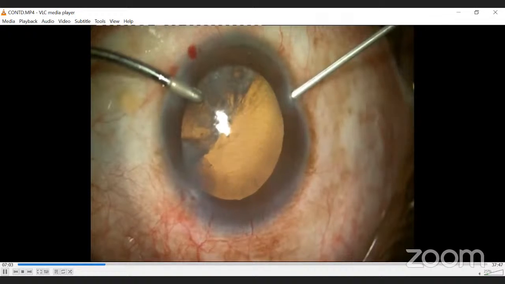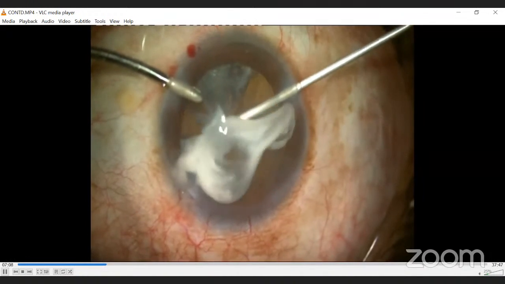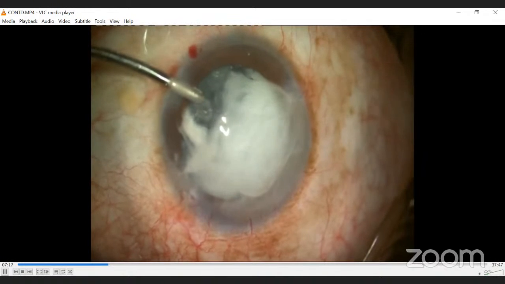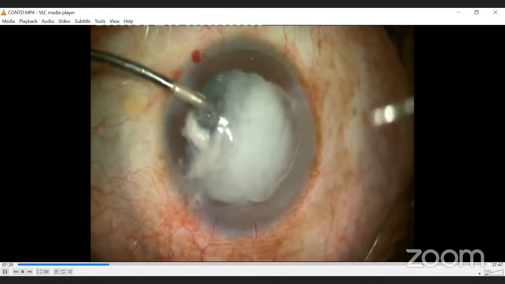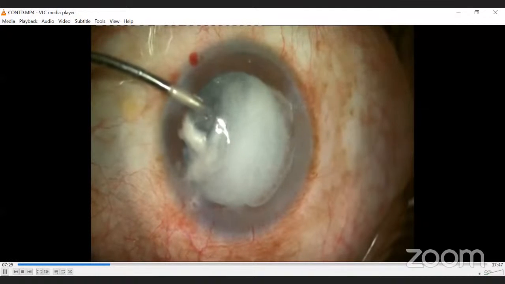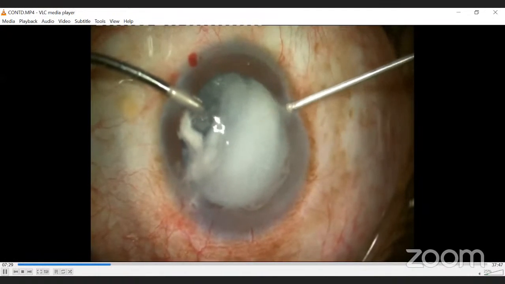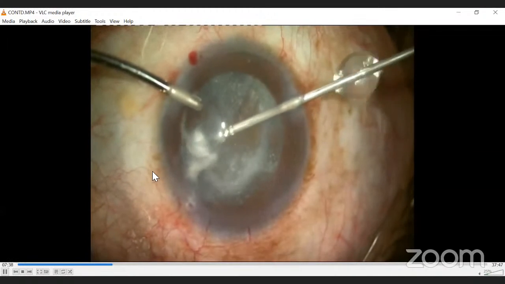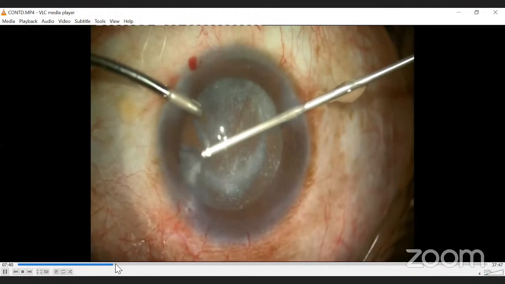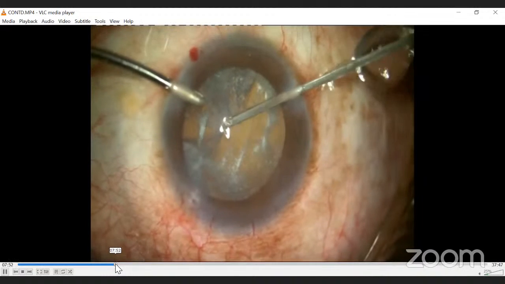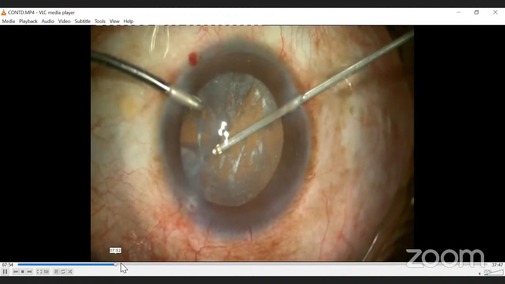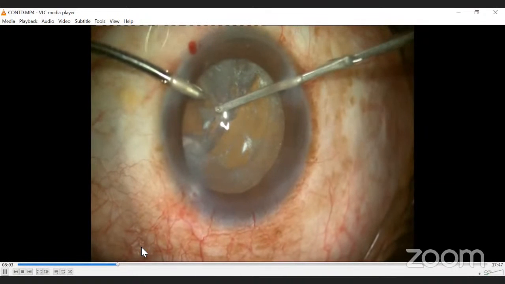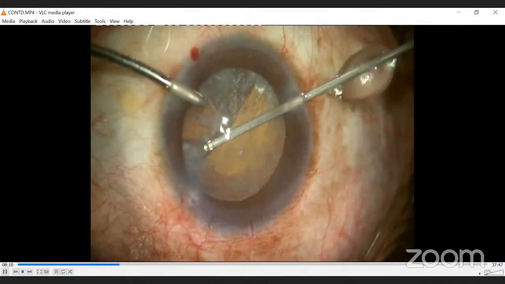So we went ahead and did a triamcinolone staining for the vitreous. This gives us a little better visibility of the vitreous strands.